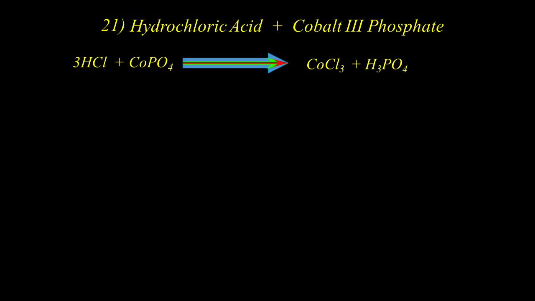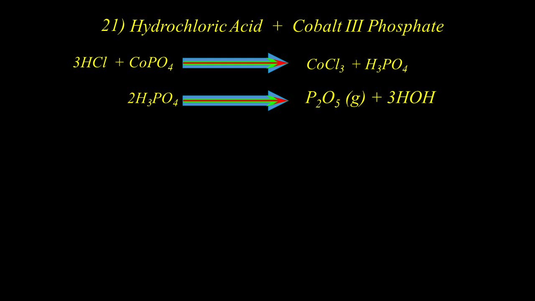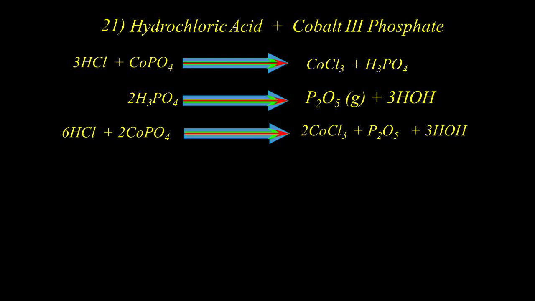Now, you have to balance it, and then you take that balanced equation and you plug it in for the phosphoric acid. So you'll substitute the acid anhydride and the water for the phosphoric acid. And then you'll do a little fine-tuning with the balancing, and you'll come up with a final balanced equation.